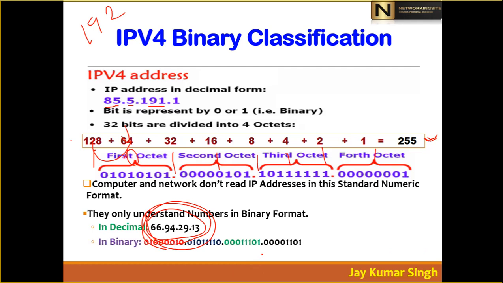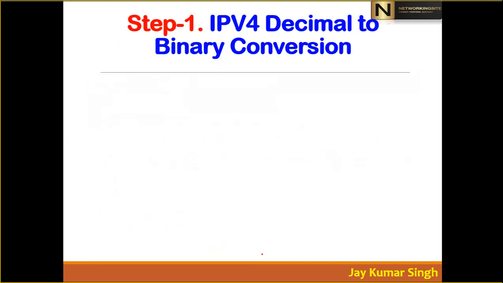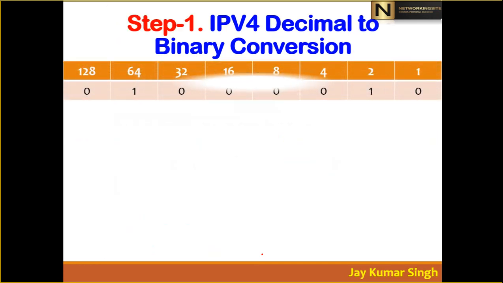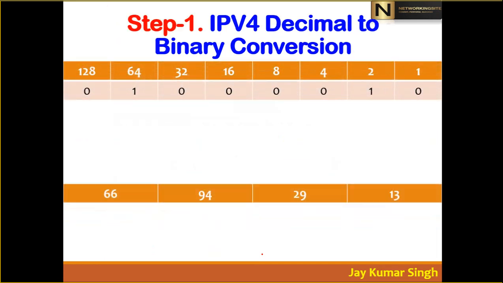So what is for 66? For 66, we have 0, 1, 0, 0, 0, 0, 0, 1, 0.